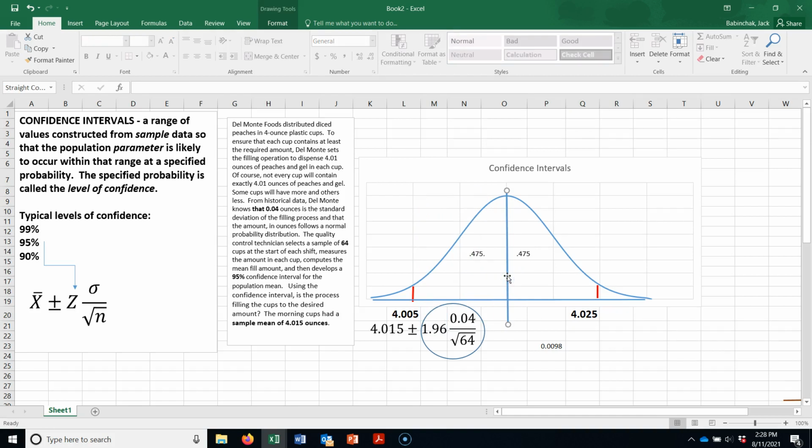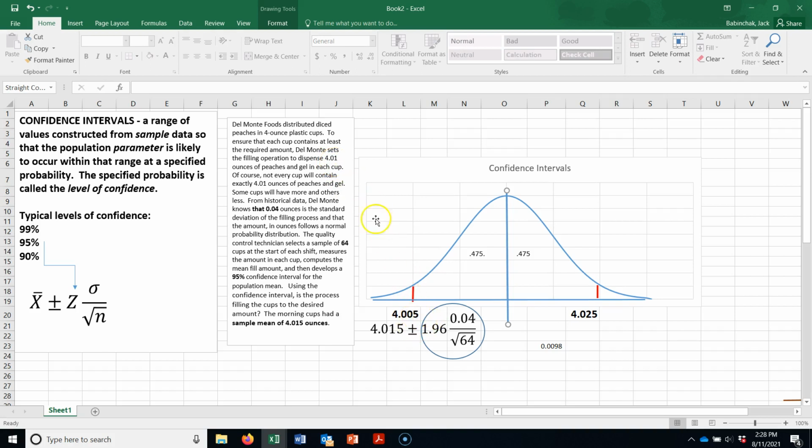Let me say that again. We're 95% sure that the population mean, all of the cups that we have coming off the line, are going to fall between these numbers. The lowest end of this number is still above the 4 ounces that we're required to have in the cups, okay? It's not quite 4.01, right?